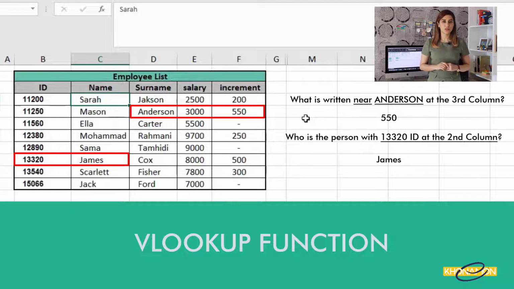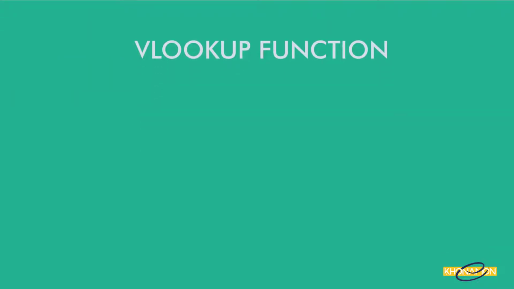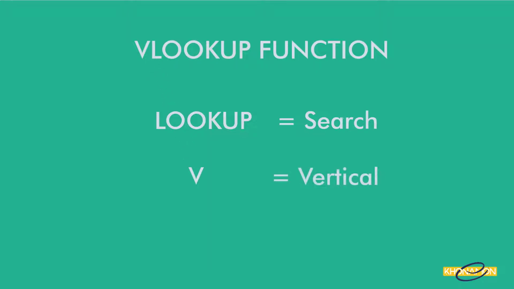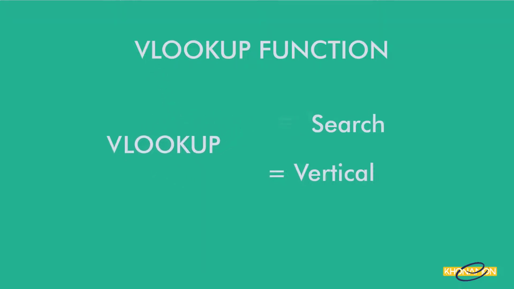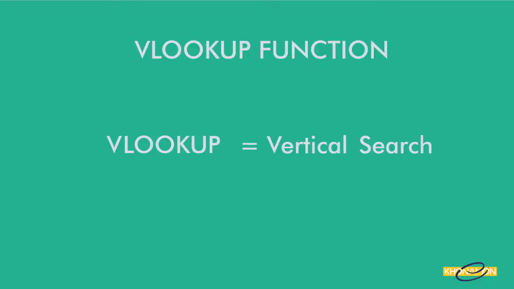So VLOOKUP finds a value, the known value, in a range and tells you what is typed in front of that value. Exactly what you did to answer questions A and B. Lookup means search. V is vertical. So VLOOKUP is vertical search.